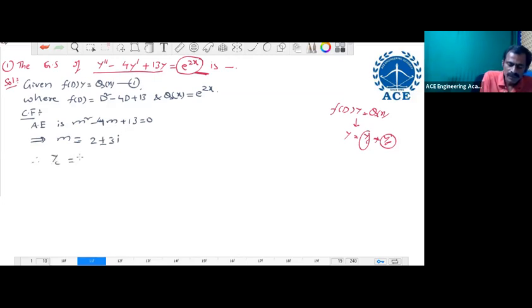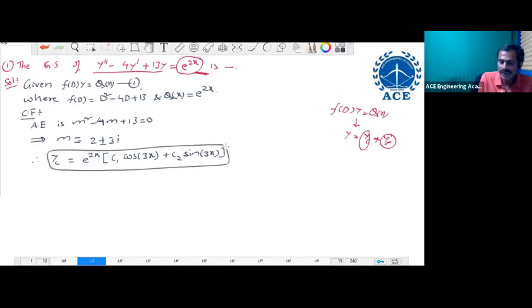Therefore, yc, the complementary function, equals e power 2x into c1 cos 3x plus c2 sine 3x. This is the complementary function.